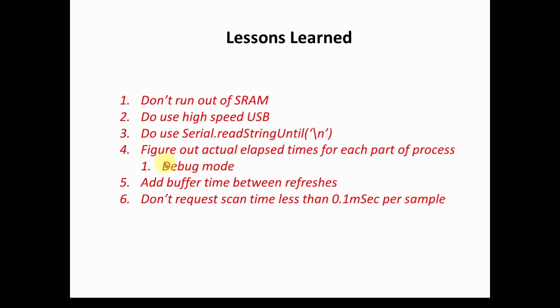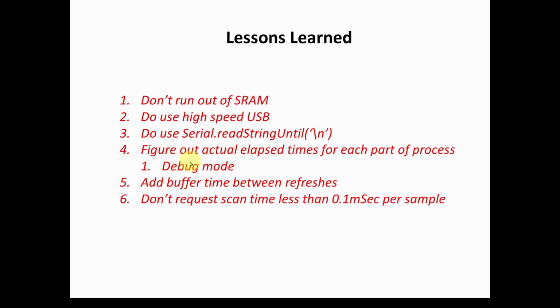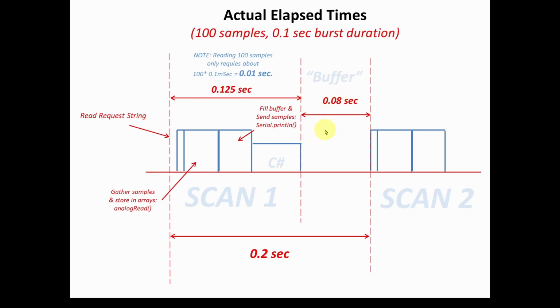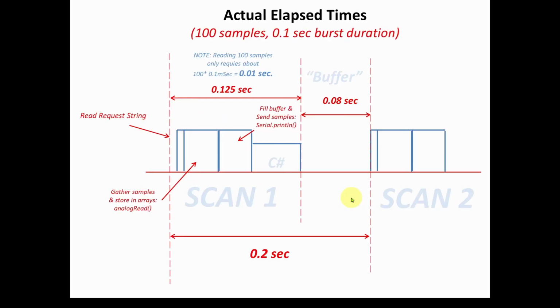To do that, we showed in the first video the debug mode where you check a checkbox and it calculates the elapsed times for these different parts of the process. It's very important to have some sort of debug mode that shows you what's going on. Then again, we're going to have a buffer time between refreshes, and we're going to have to calculate the ideal buffer time. And we can't request a scan time that's less than 0.1 millisecond per sample.